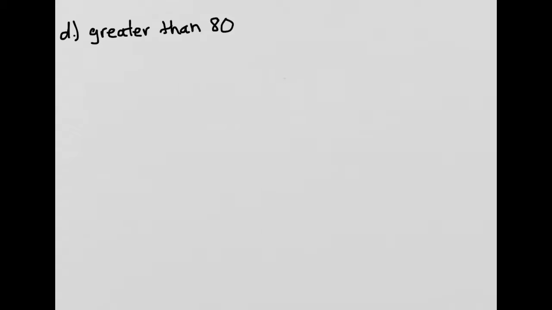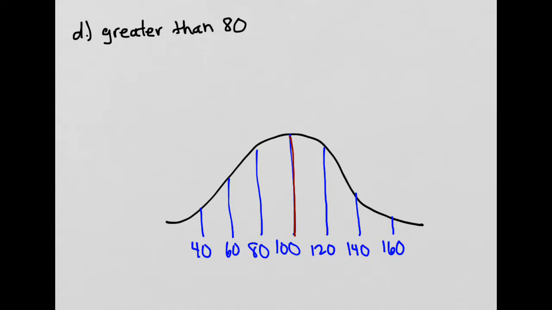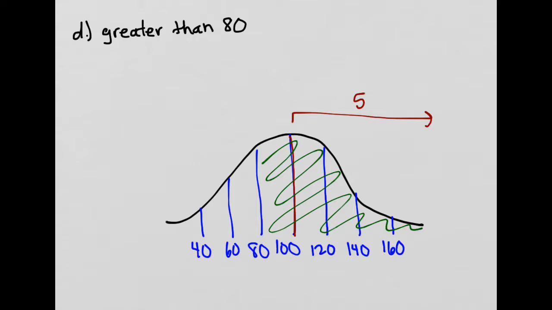Alright, let's look at the last one. Let's paste our curve on here. Okay, greater than 80. So that's going to be from 80 up, so that section. Again, we know that from the halfway mark up, that's 50% of our data. So we need to figure out what this little slice is to add to 50.